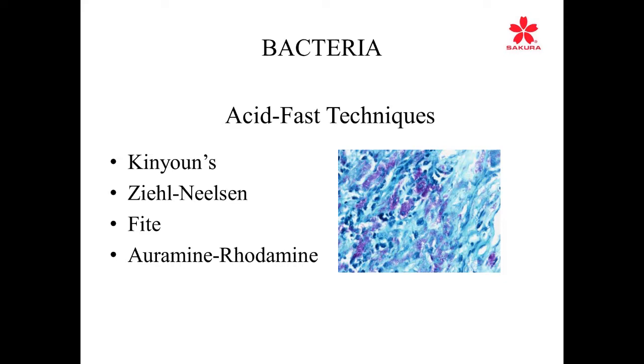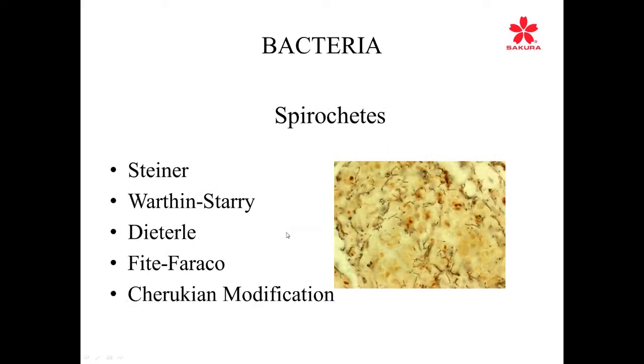So that's one of the key things, to maintain or increase that lipid layer. And the lipid layer actually gives it the term acid-fast, because it holds on or resists the acid nature of the decolorization.